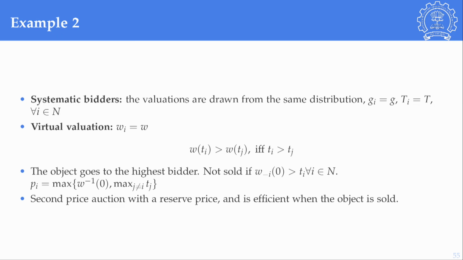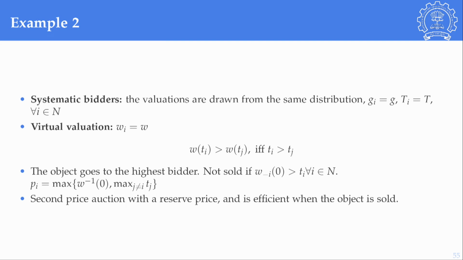So then the virtual valuations are also going to be the same, it is the same function. So you give the item to the agent who maximizes the virtual valuation, and because of the regularity condition, this happens only when their types also have the same monotonicity, right. If your type is the highest, then your virtual valuation is also the highest because it is the same function.